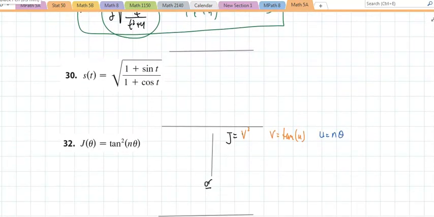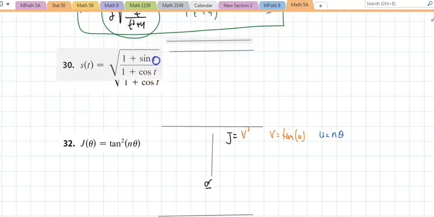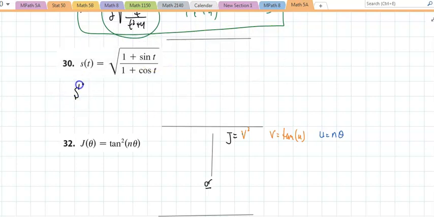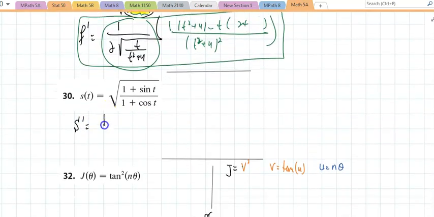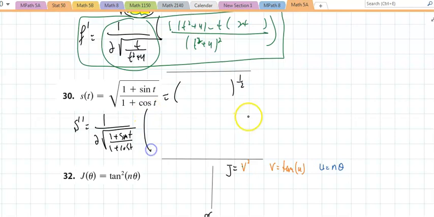Next problem, problem number 30. I would say s prime is going to equal 1 over twice the square root of 1 plus the sine of t. Again, what you did there, you treated this as a power function. You brought the power down, subtract 1 from the power, times the derivative of the inside.